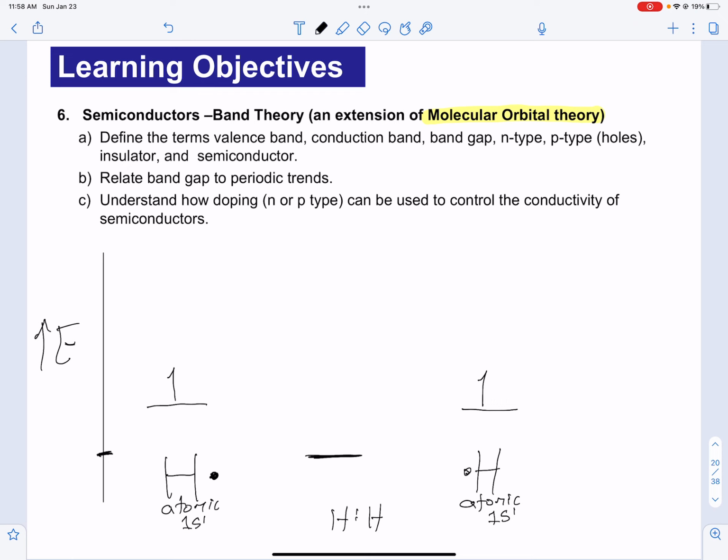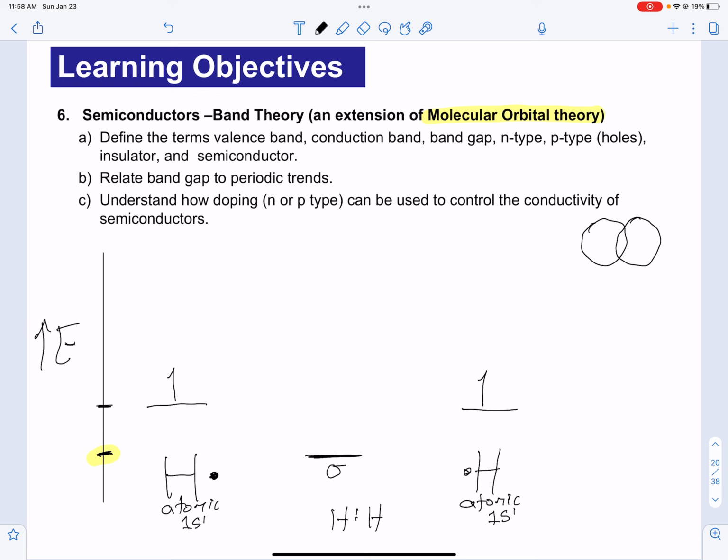So the two electrons in phase, they come together and they become more stable than the atomic orbital, so the energy is lower than the atomic orbital. So the energy of the new bond is there. And because this is an s orbital and an s orbital, they're going to be overlapping head to head, and we're going to call that a sigma molecular orbital. And I know you remember that from Chem 1.